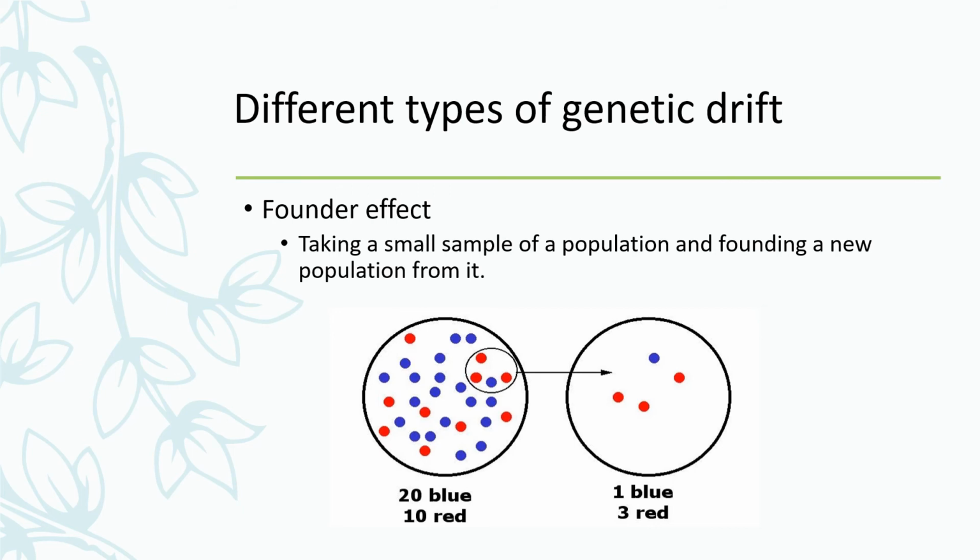Those red individuals will also change and adapt to their environment, and the population as a whole will change so much that they would not be able to interbreed with the original population, and therefore a new species has formed. So that's pretty cool.